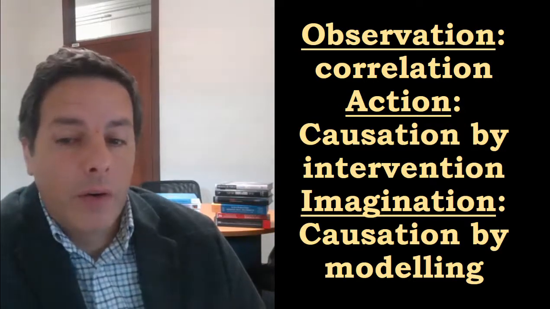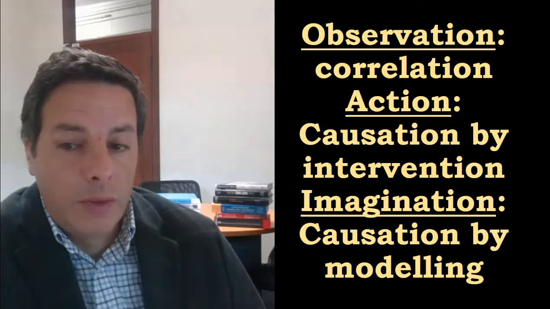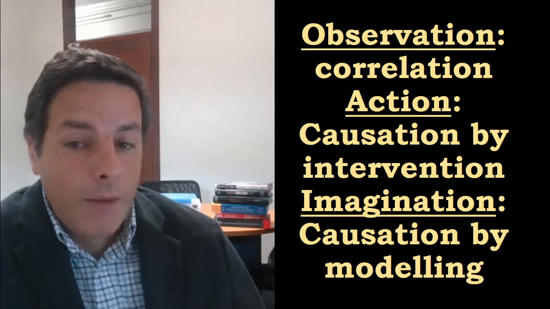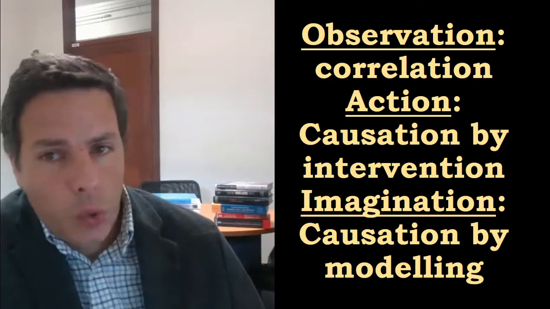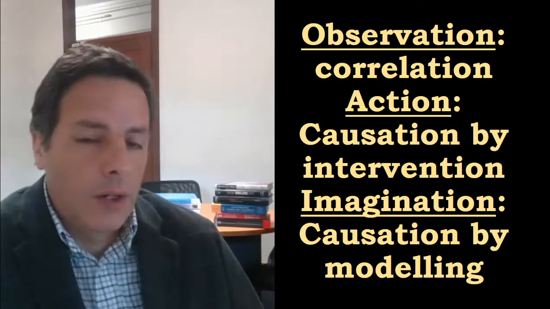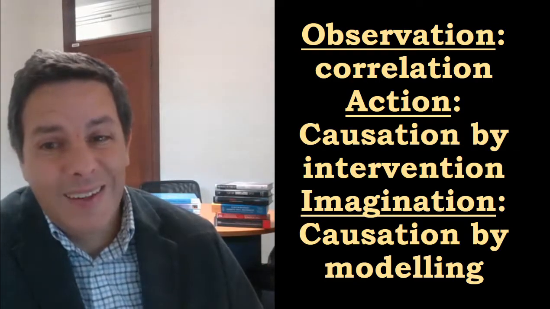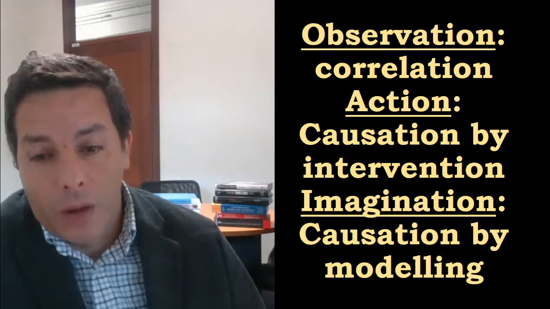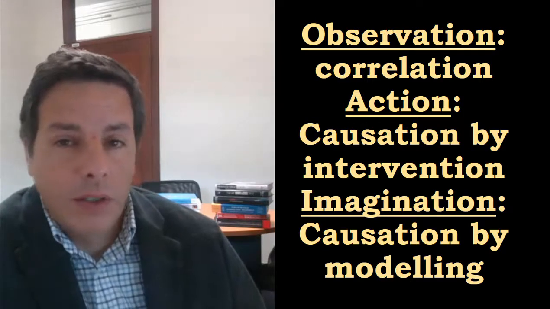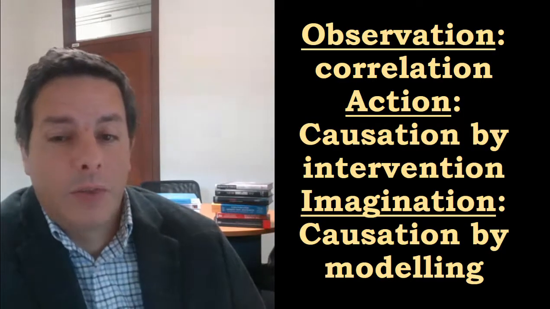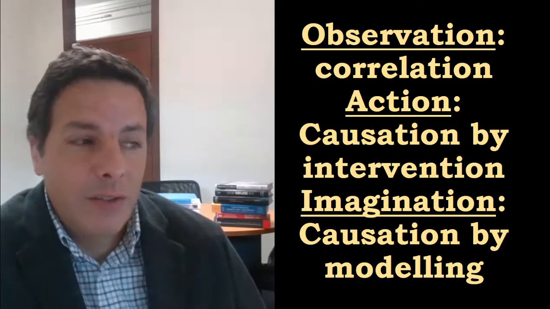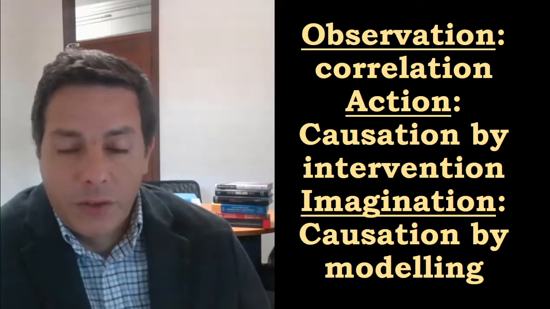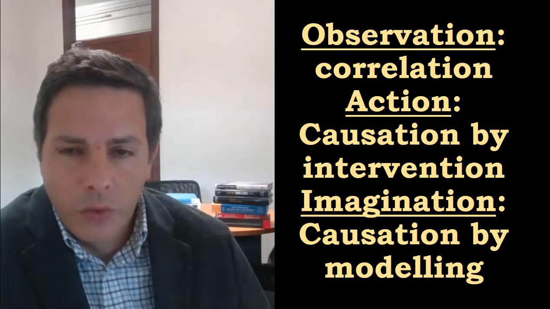But there is another component of imagination that is very interesting in Judea Pearl's conception of causality. And more than the conception of causality, the tool he proposes to use to understand causality, which is the causal models in the form of DAGs, which are directed acyclical graphs. These directed acyclical graphs are a mathematical structure which have a very nice graphical representation, and it's very easy with these edges and nodes.